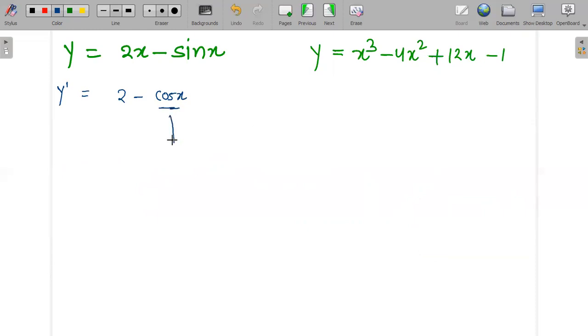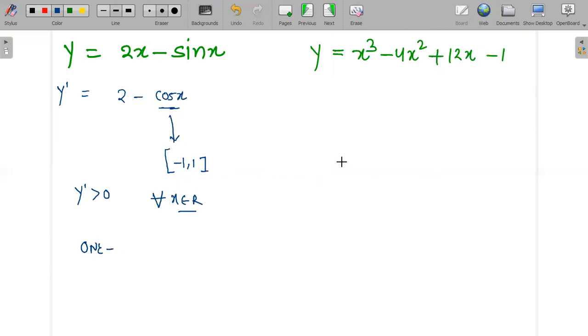As I know, cosine x will give me values from -1 to +1 only. No higher or lower value of cosine x will make the derivative f dash lesser than 0. That means I'm sure f dash will always be greater than 0 for the entire domain.